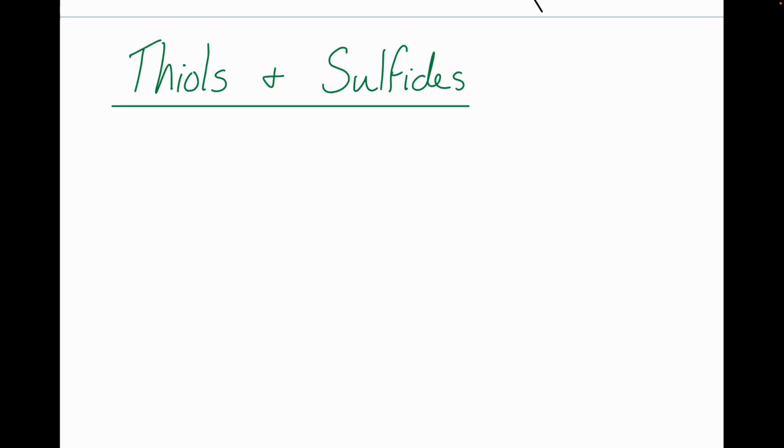All right, so talking now about thiols and sulfides. One of the principles that we're going to see throughout these reactions, so let's make a note here, is that sulfur is a good nucleophile and a bad base.